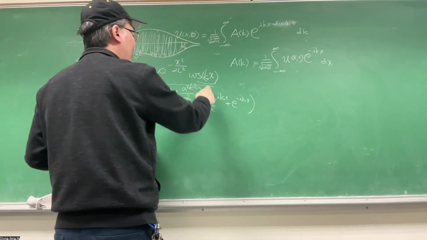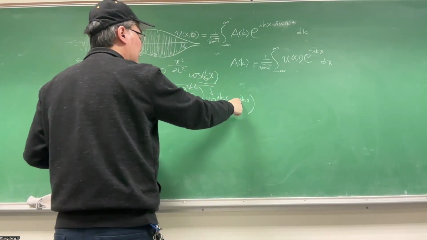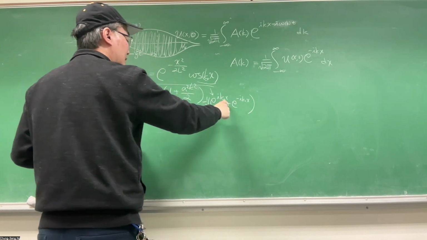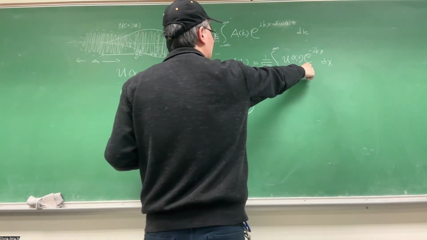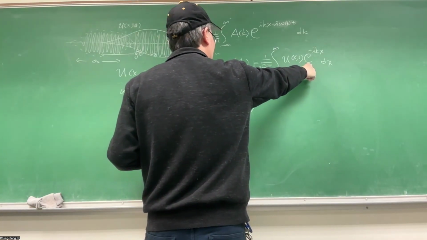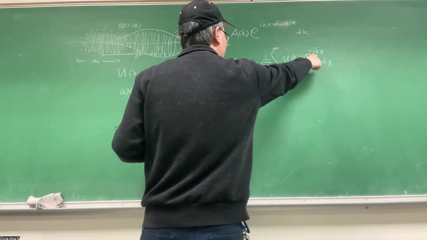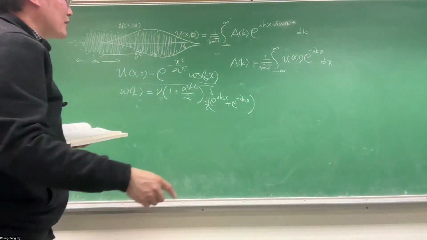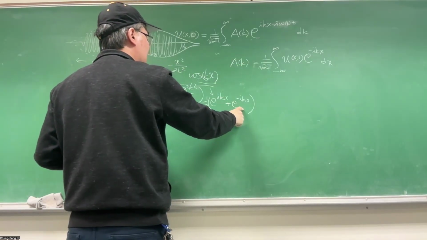So basically, it separates into two terms. One has i k0 x, the other has minus i k0 x. But you see that these terms have the same form as the original exponential function. So basically, you're shifting the k, the argument of the exponential function, by these two terms.